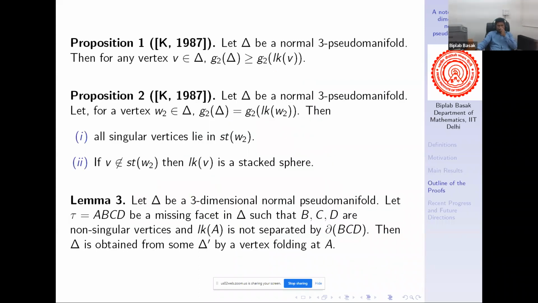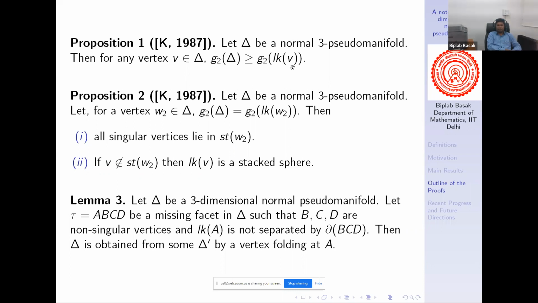Okay, so now we go to the outline of these proofs. First of all, I recall what we have already observed from the work of Kalai: if delta is a normal 3-pseudomanifold, then for any vertex v, G2 of delta is greater than or equal to G2 of the link of v.